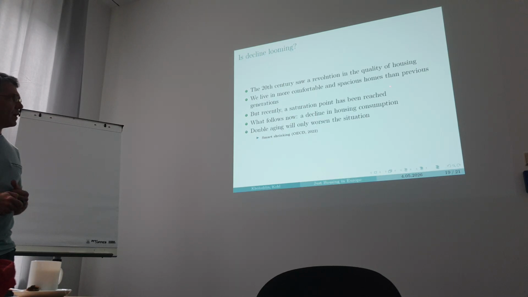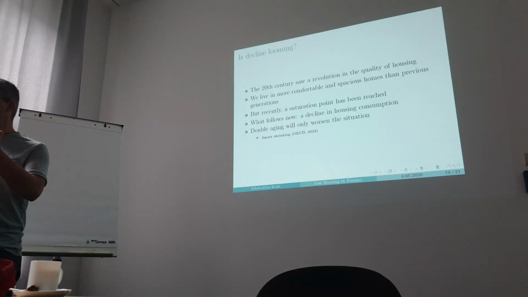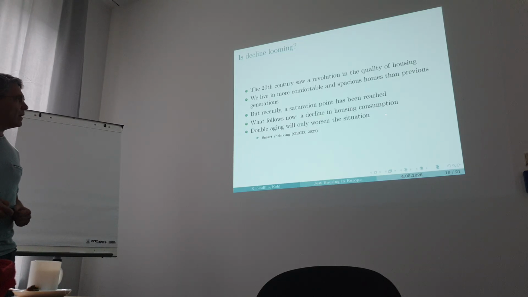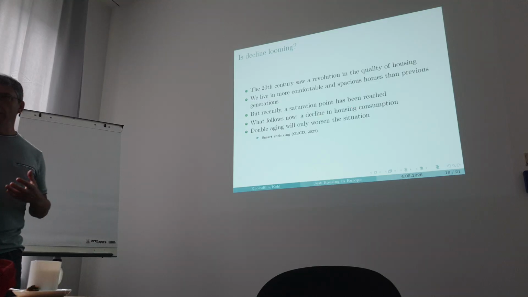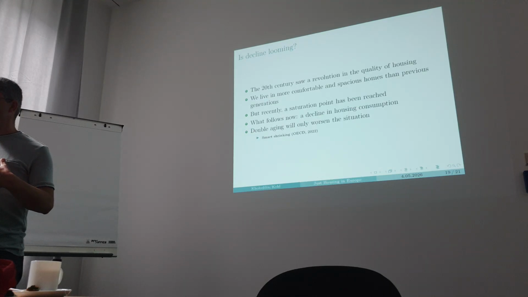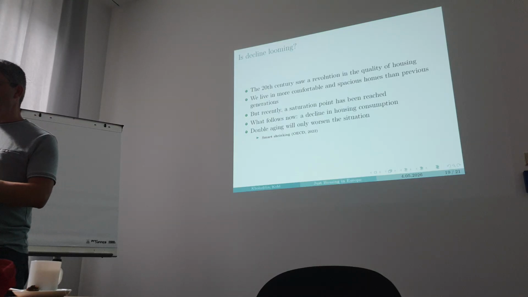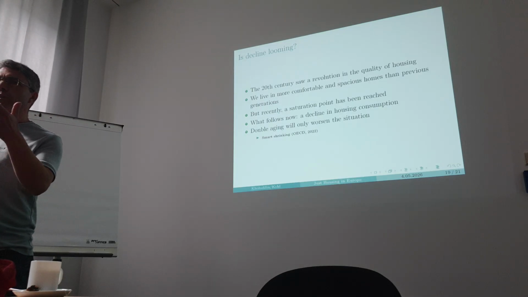For example, in terms of housing stock, we will face a declining size of housing consumption, and the double aging that we observed, so both people and housing are aging, will not help to improve this situation, because we have already a very old housing stock and very old infrastructure.